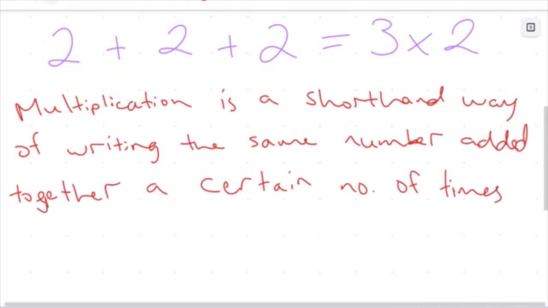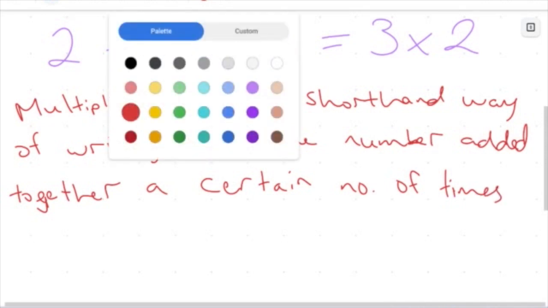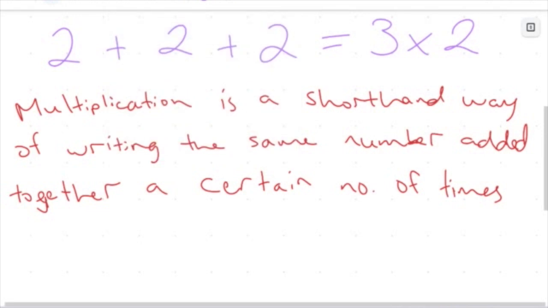Now, our powers here, and what we're going to now call indices, are another type of shorthand, another shortcut way of expressing a lot of multiplications.